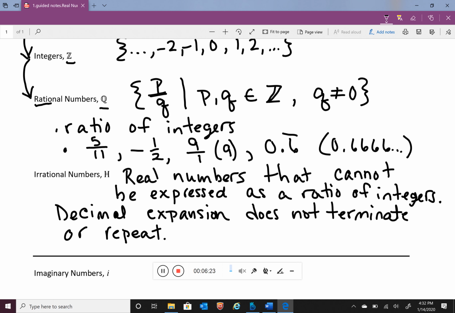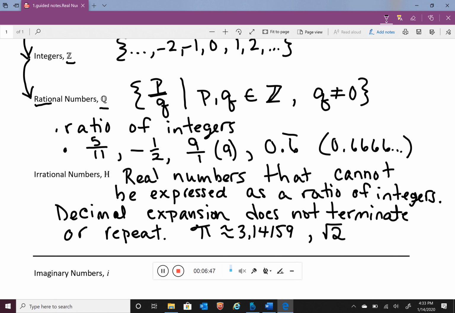So an example of an irrational number, very famous, is pi, which is approximately 3.14159, and it goes on forever. It does not terminate, it does not repeat. Another example of an irrational number is the square root of 2.